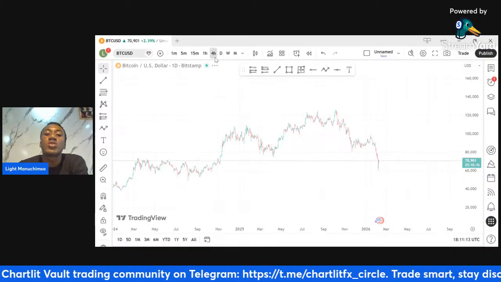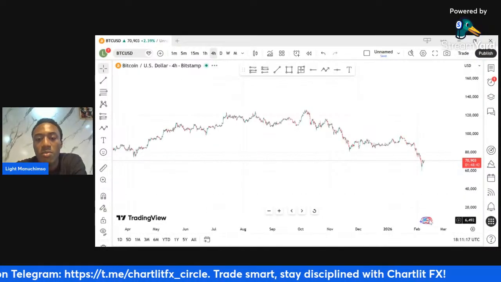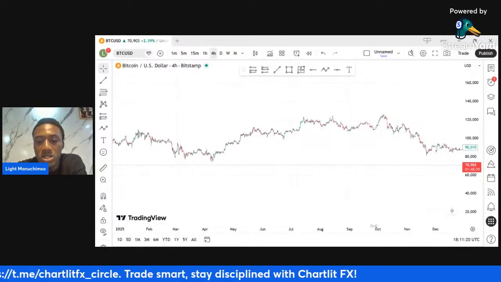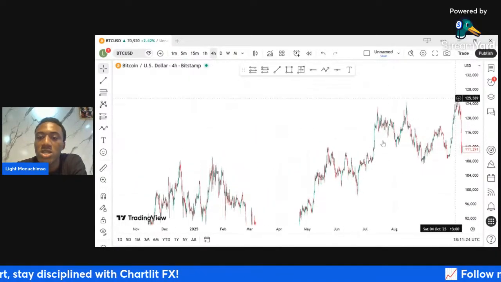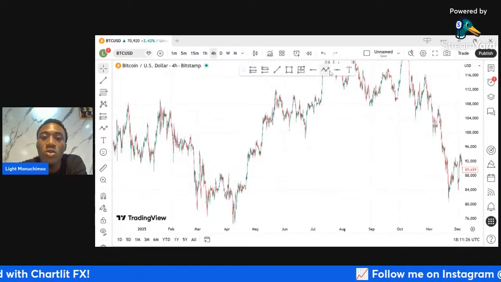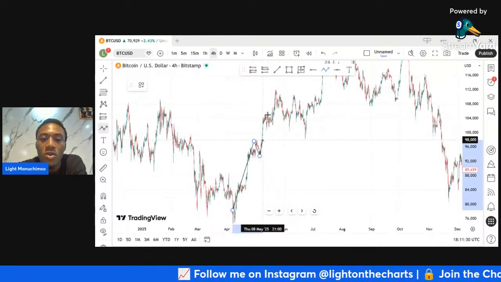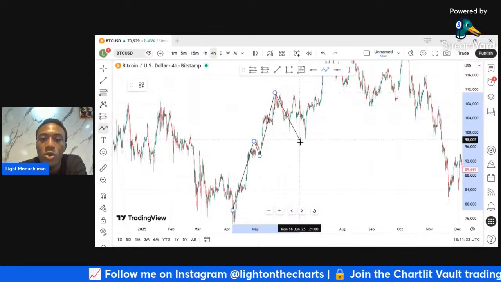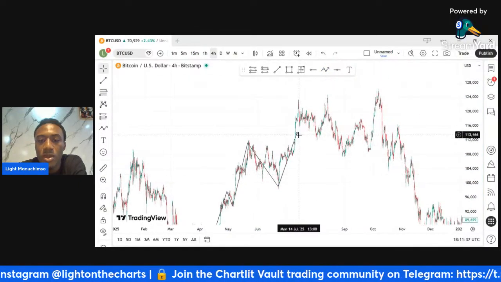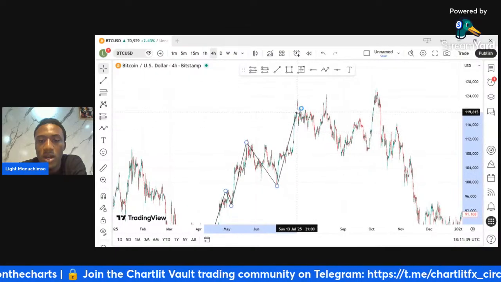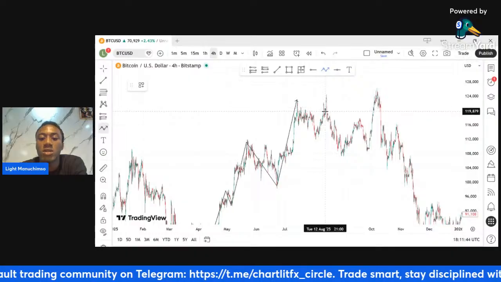So now let's go down to smaller time frames so that we get to see smaller trends. Okay, let's start the trend from here. Currently you can see it creates a higher high, higher low, higher high, higher low, higher high.